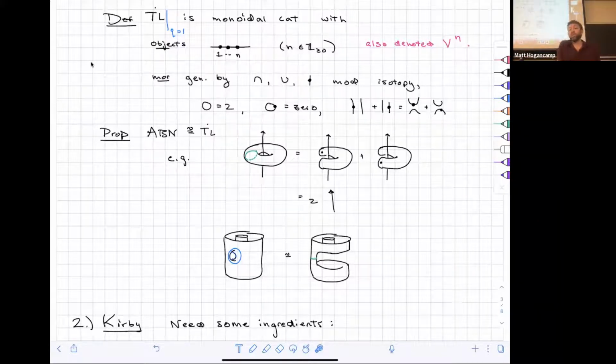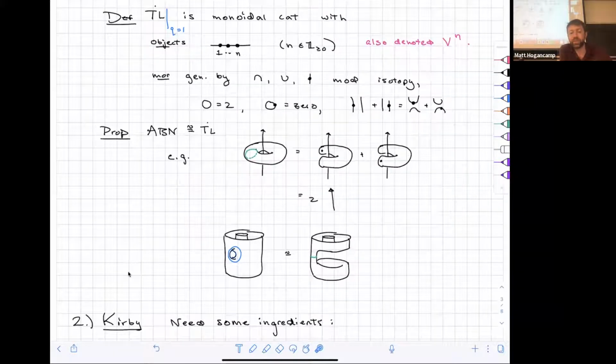We'll have to complete it with respect to other operations. We'll need to throw in direct summands of objects, and we'll need to throw in certain kinds of colimits. After we throw in whatever additional objects we need, the next goal is to construct an interesting object in there, satisfying handle slides.